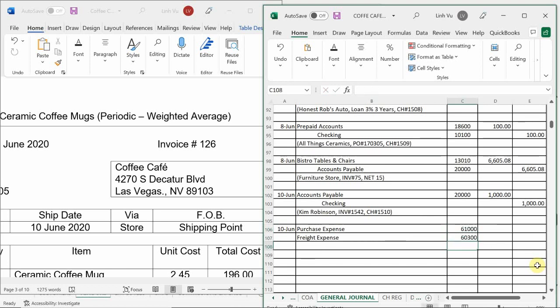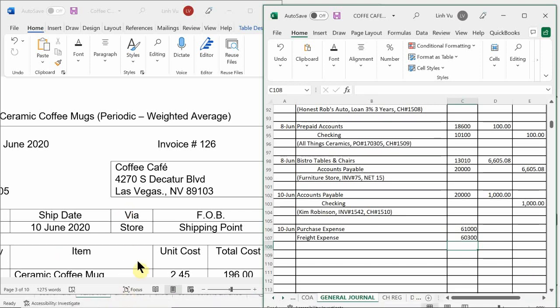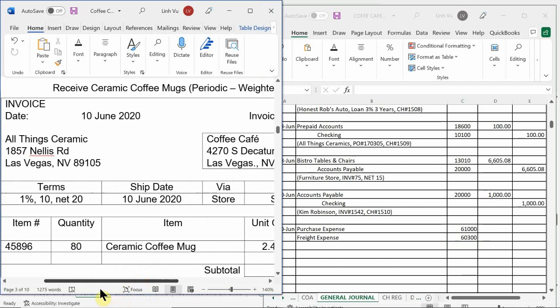And last but not least, are we paying for it now or going to pay for it later? We only have $6,000 left in our account. And we have terms, an opportunity to take an additional discount.